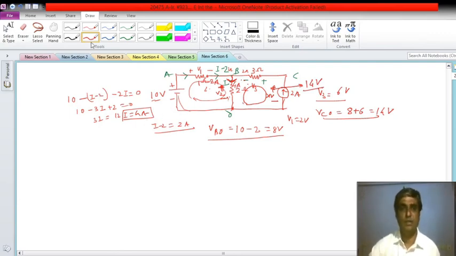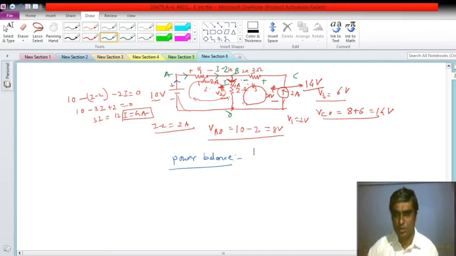Now let me check the power balance. So what will be the power balance? As we have assumed the direction this way, the power delivered by the 10 volt source will be 10 into the current, that is 20 watt. So what is the remark?